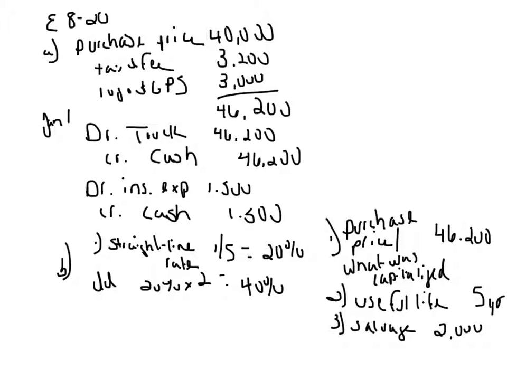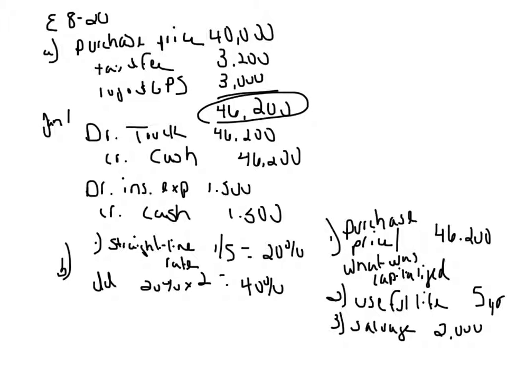Then we're going to apply that rate to the net book value. So in this case, we are going to look right at this $46,200 because nothing else has been depreciated. Don't forget, we don't include salvage value when you do this double declining.